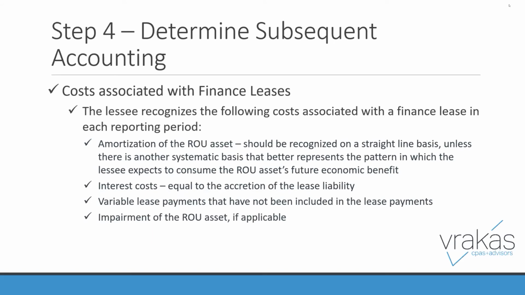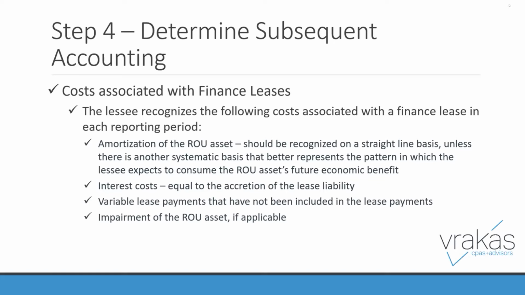So let's talk first about finance leases. This is a little bit easier, I think, conceptually, because again, it's very similar to the current capital lease model. So for finance leases, the types of expenses or costs you're going to have are the amortization of the right of use asset, which under the old model, we had the depreciation of assets that we capitalized. This should be recognized on a straight line basis unless there's some other reasonable method based on the use of the asset.